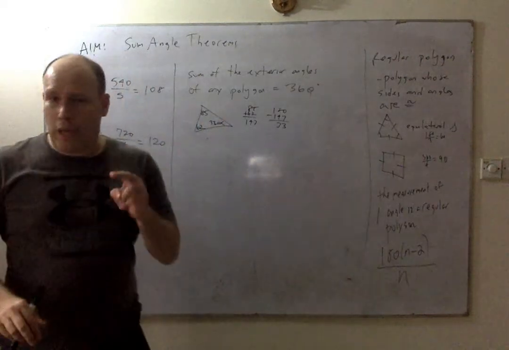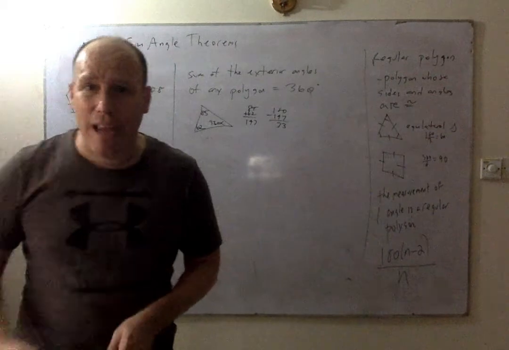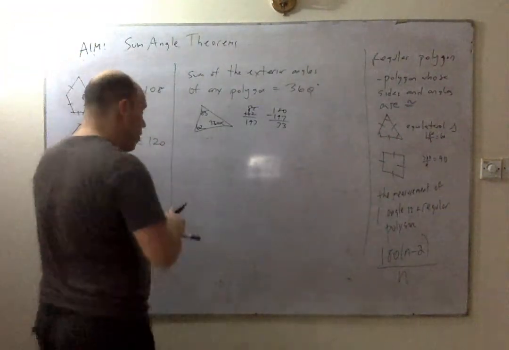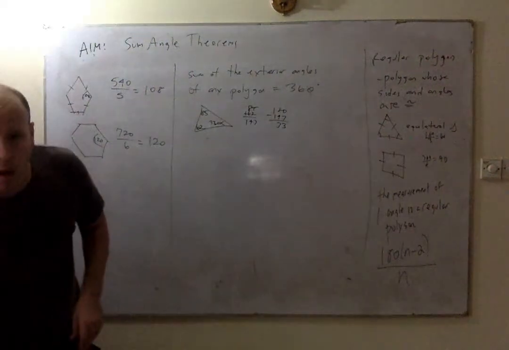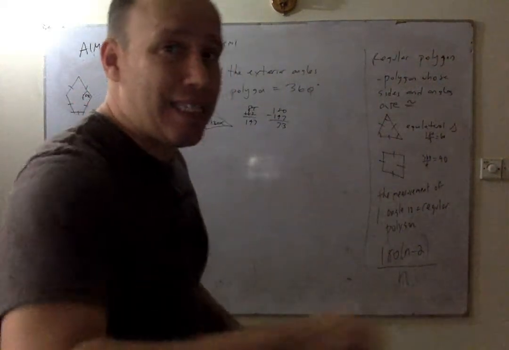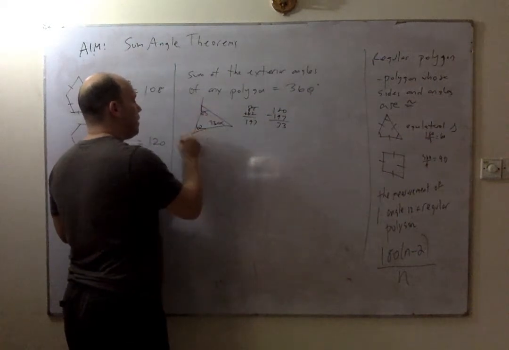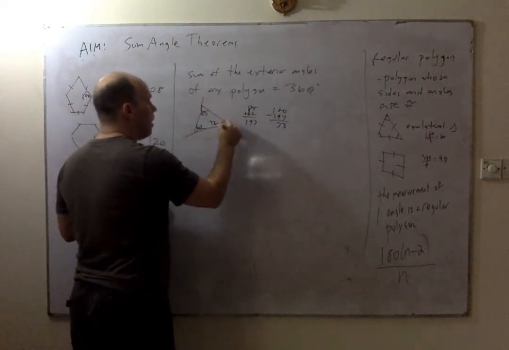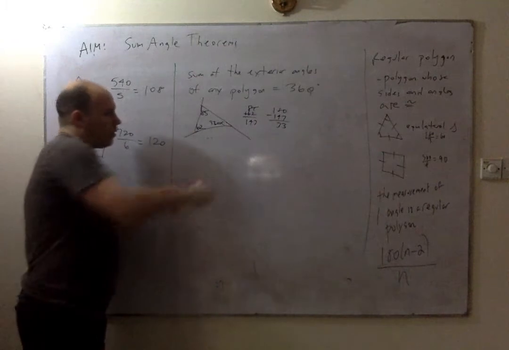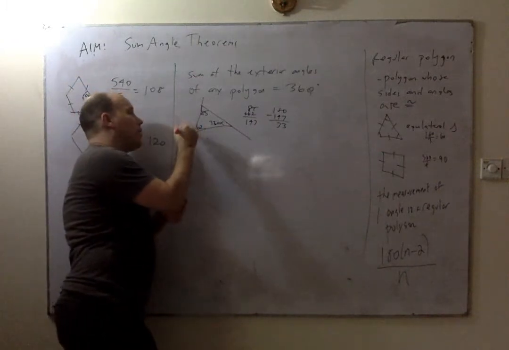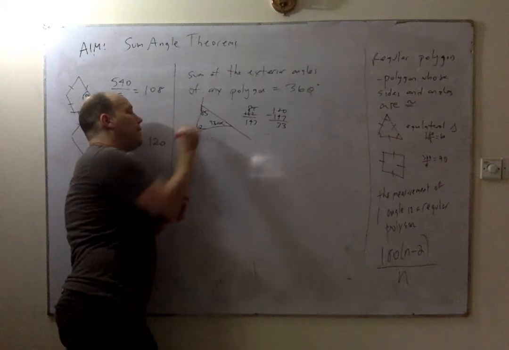Now, the last part talks about the exterior angle. So, what are the exteriors? What I'm going to do is extend. Let's start with this angle down here. If this angle is 62 degrees, the exterior angle is 118 degrees.